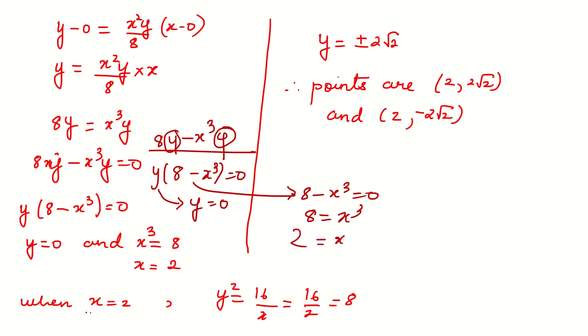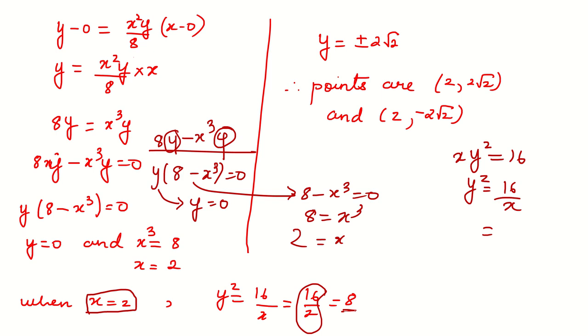Okay, so when you get x equal to 2, you have to substitute that in your original equation, which is xy square is equal to 16. So y square is nothing but 16 by x, and x is 2. So that I've done here. So y square we got 8.